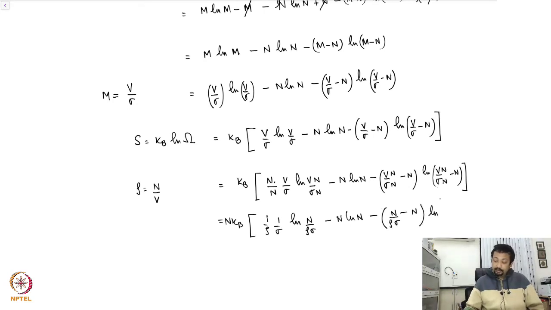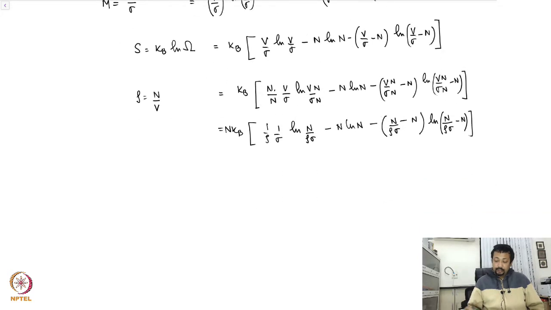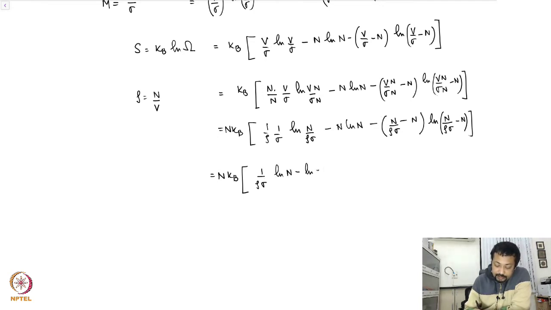I have ln of n by rho sigma minus n, so that this is going to be nKb 1 over rho sigma ln n minus ln of rho sigma.